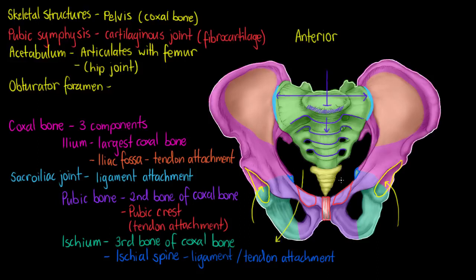So you can see it going through here. And it's a point that's going to allow the passage of nerves and blood vessels. So nerves and blood vessels are going to go through this foramen. We actually have a nerve called the obturator nerve, which is going to run through this foramen.